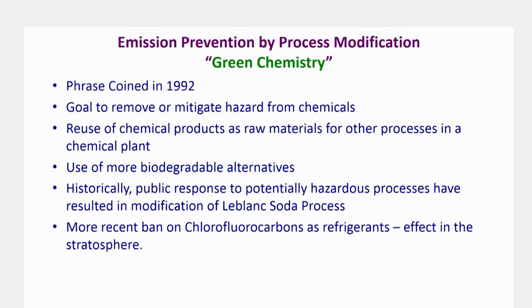The first methodology for emission control is prevention completely, which does not mean that we stop the process. That is a drastic method, and it has consequences for economic and social aspects of sustainability.